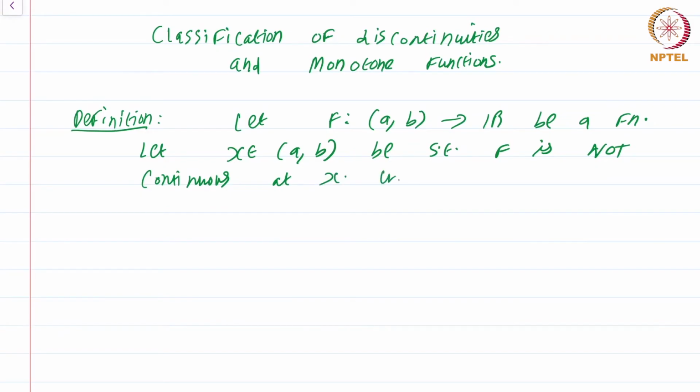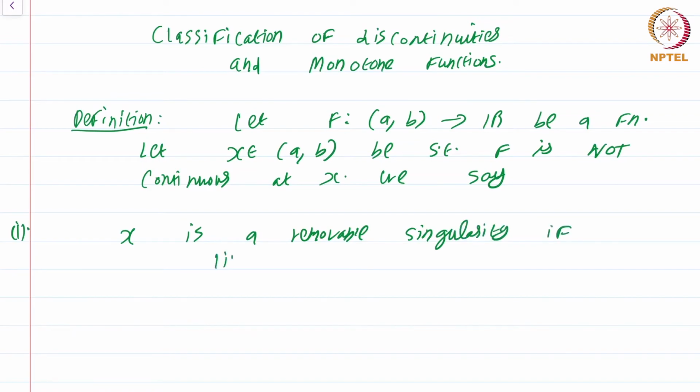We say, number one, x is a removable singularity if the limit as y tends to x of f(y) exists but is not equal to f(x).